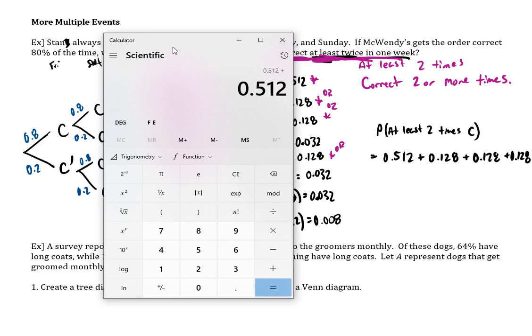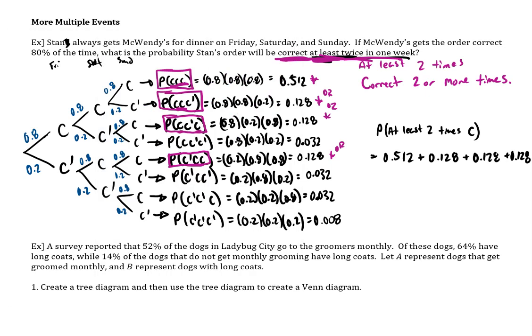So 0.512 plus 0.128 plus 0.128 plus 0.128 is 0.896. And so let's write that as 0.896, and then maybe we can convert this one to a percent since it started with percents. So it's about a 90% chance, so 89.6% chance that the order is correct at least 2 of the times out of the 3 days that Stan orders here.